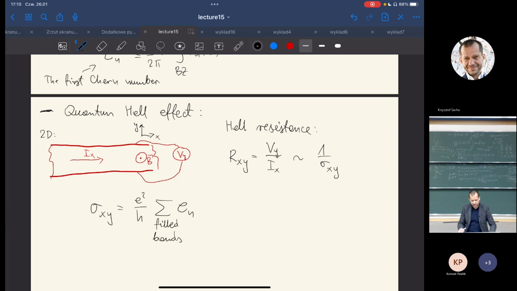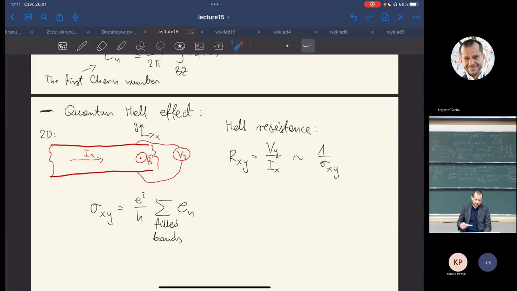So we have a certain Fermi level, and all bands below the Fermi level are occupied. If the Fermi level is in the gap, then if we had an infinite system, it would be an insulating system. And if we have a finite system, with edges, then it turns out that on the edges, due to the fact that the system is topologically non-trivial, there are edge states which are responsible for the whole conductivity.